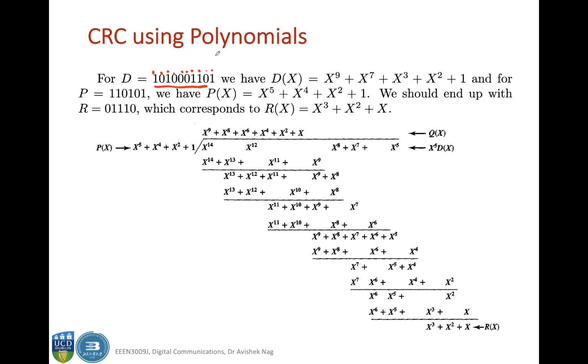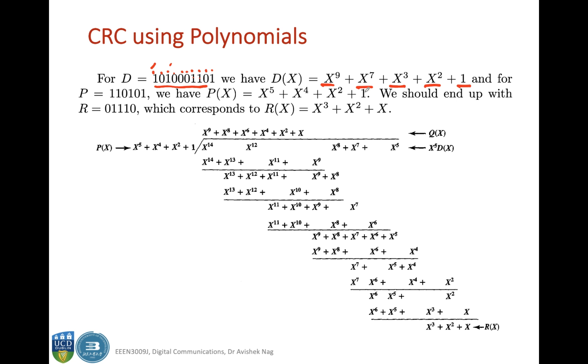So x to the power 0 is present, so this is 1. Then x to the power 1 is missing, then x to the power 2 and x to the power 3 are present, so x to the power 2 and x to the power 3 are here. Everything else is 0. Then x to the power 7 is present, so x to the power 7, and then x to the power 9 is here.